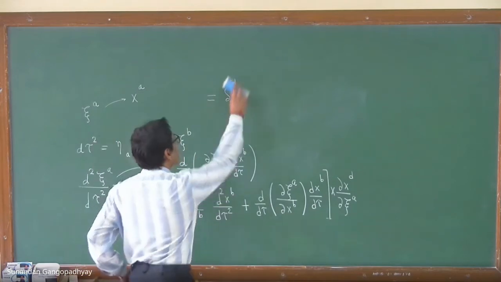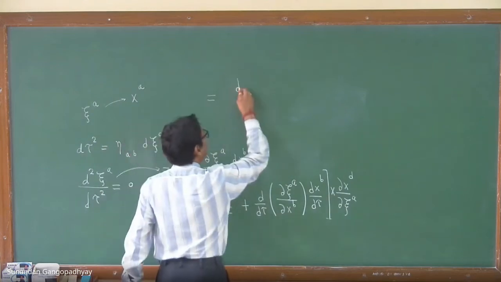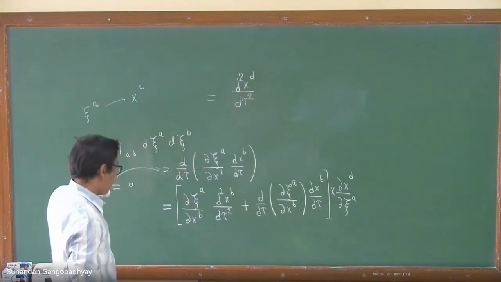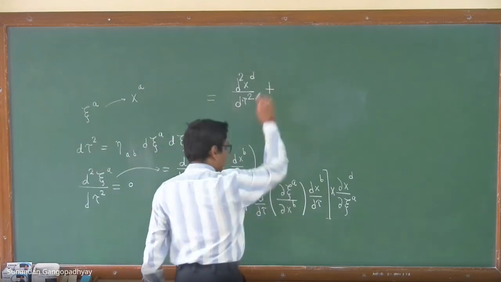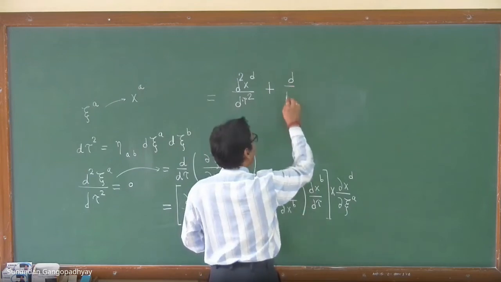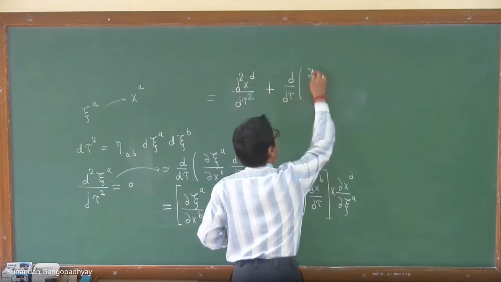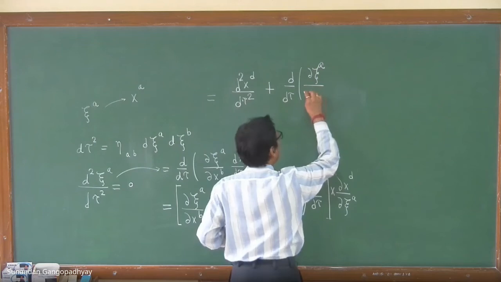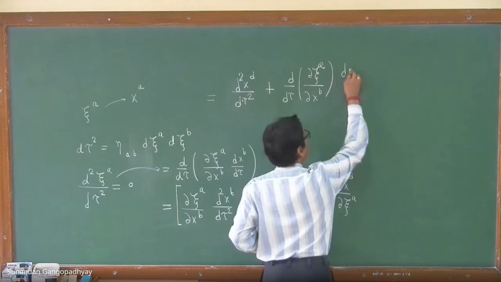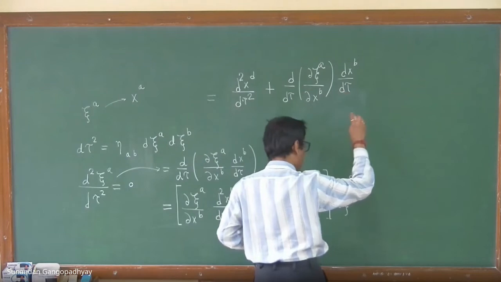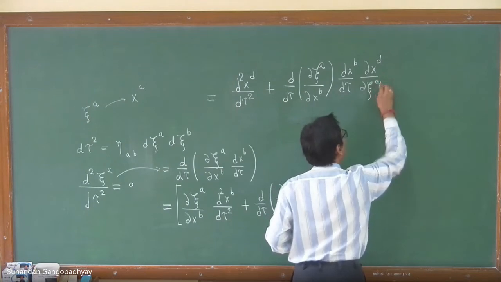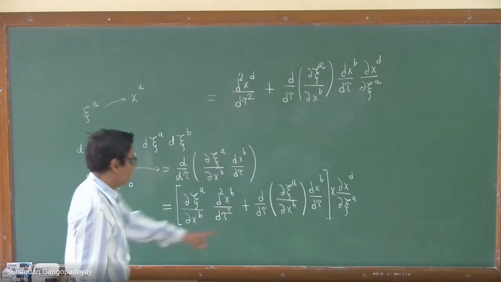With the Kronecker delta, this will become d²x^d/dτ² plus d/dτ of ∂ξ^a/∂x^b, with dx^b/dτ, this term multiplied by this term.